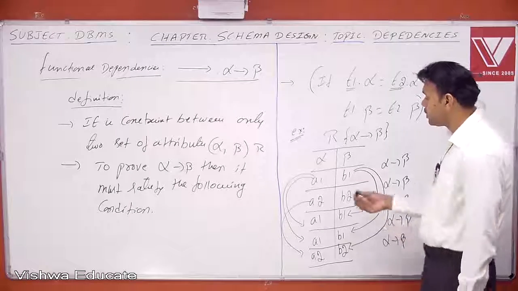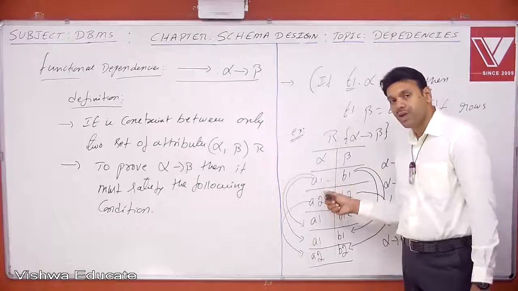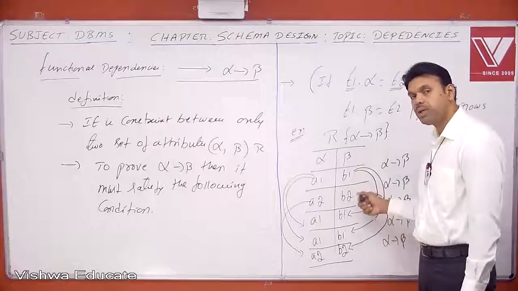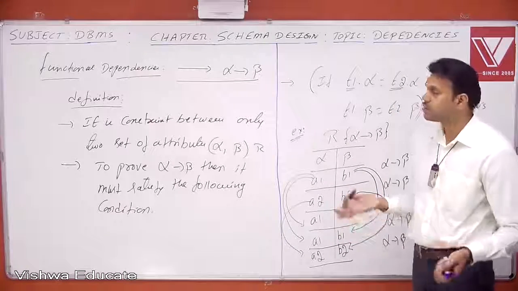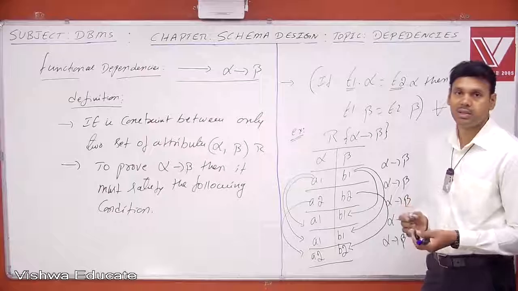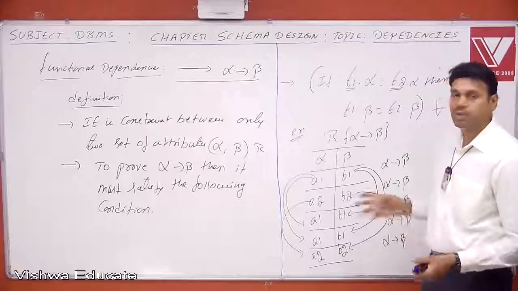So what is the idea? If you repeat any alpha value, you have to repeat its corresponding beta value; that is the concept of functional dependency. Okay? I hope you understood, guys.